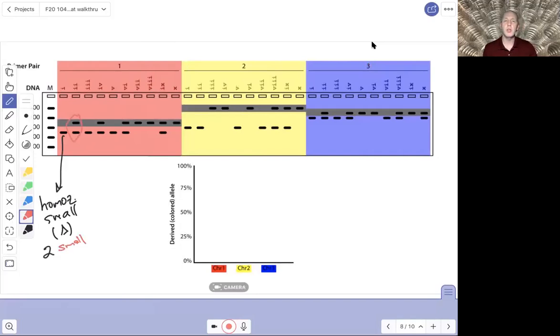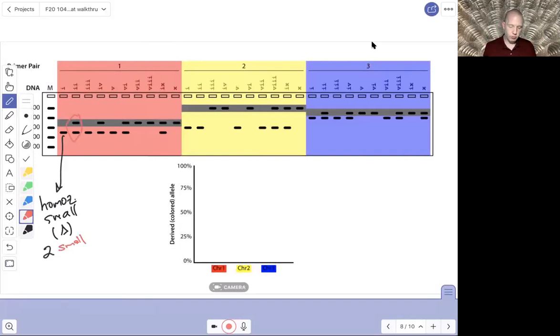So what we're going to be doing is counting up after we run this gel. Again, this is looking at the genotype of 10 different F2 individuals on chromosome 1. And we want to know how many wild type alleles there are and how many mutant or deletion alleles there are. So we've got 2 small from individual 1. The heterozygote, individual 2, has 1 wild type, 1 deletion.